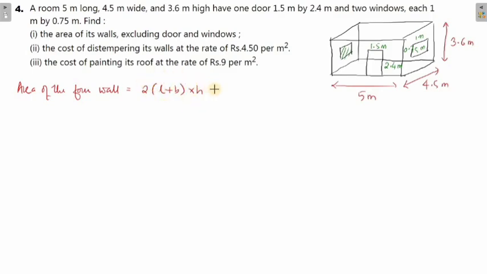In the wall we have got 2 windows, so that's why I need to subtract 2 into the area of the window, minus we have 1 door, so it is just the area of the door.